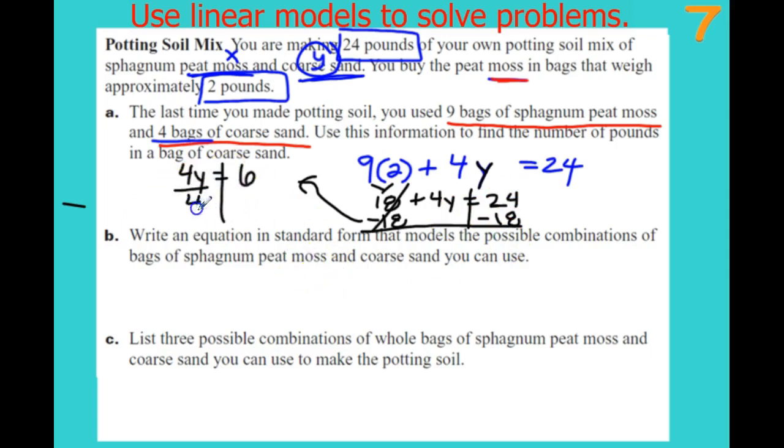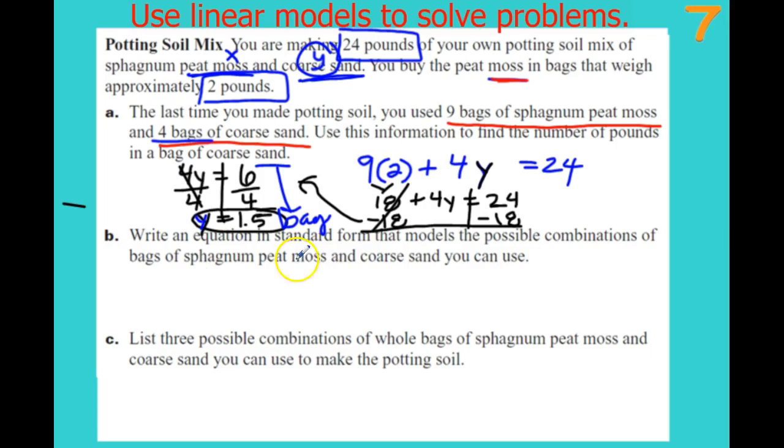And then I just need to divide by 4. 6 divided by 4, and my calculator would give me about 1.5. So we know y is 1.5. This is how much one bag of sand weighs.